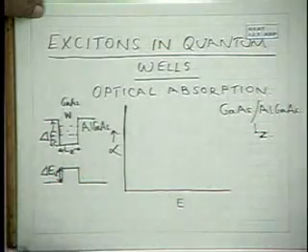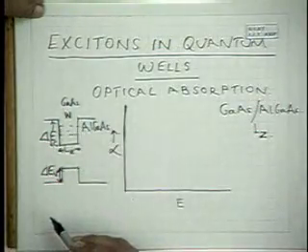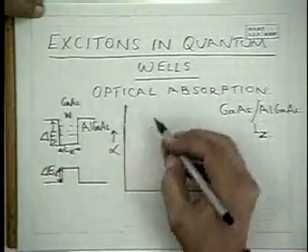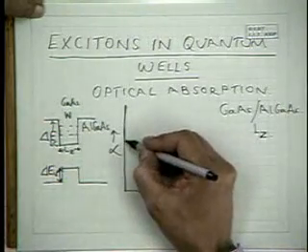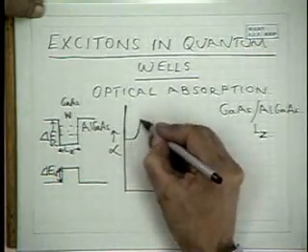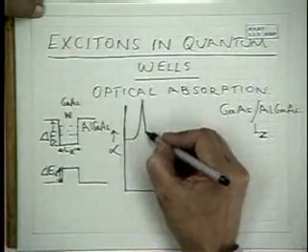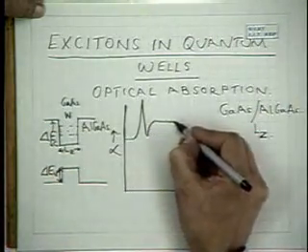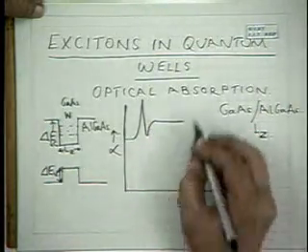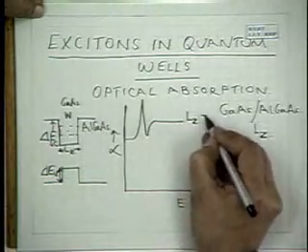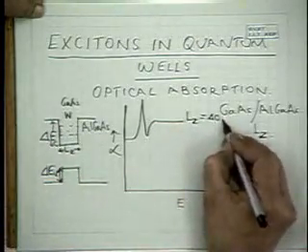Now it was found that looking at the optical absorption in such layers, even at room temperature one could get very sharp optical absorption peaks. This is for a well width of say 40 nanometers.